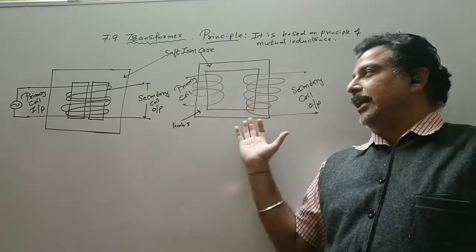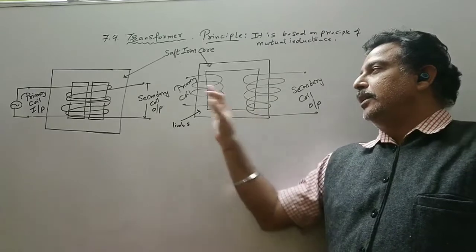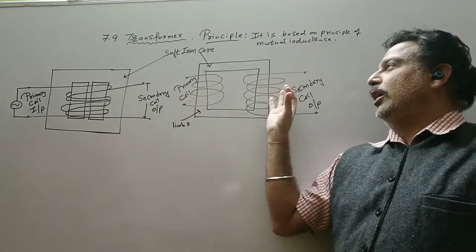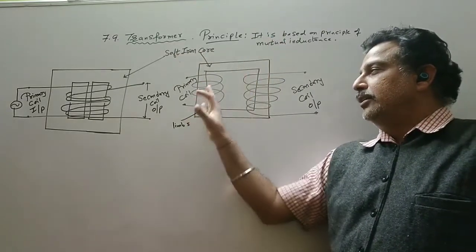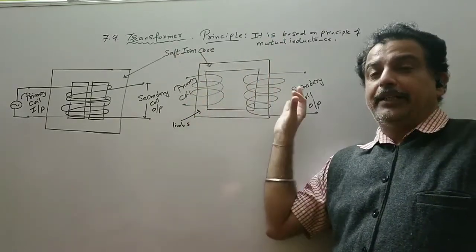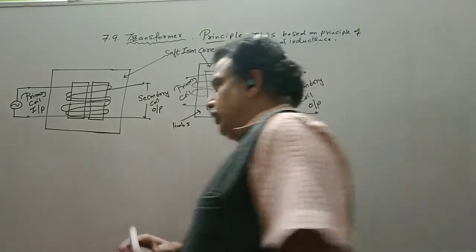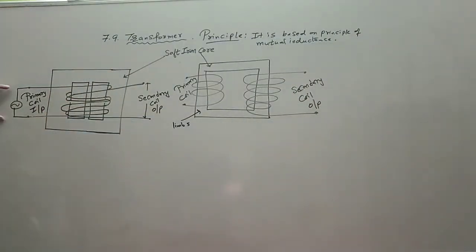And in the second type, the primary and secondary coils are again wound on a soft iron core, but on separate limbs.